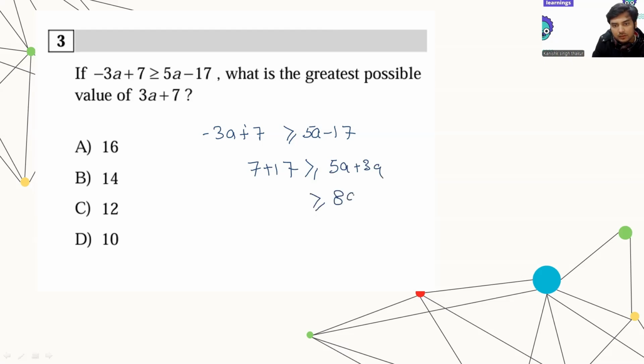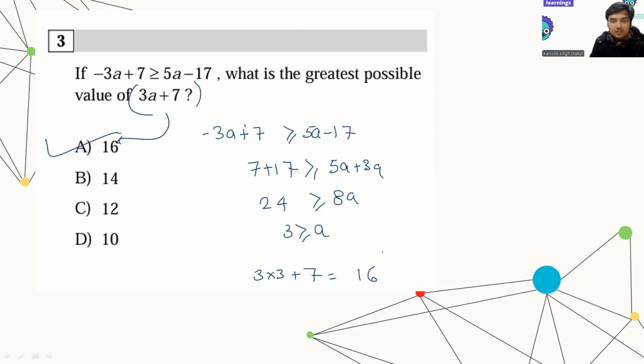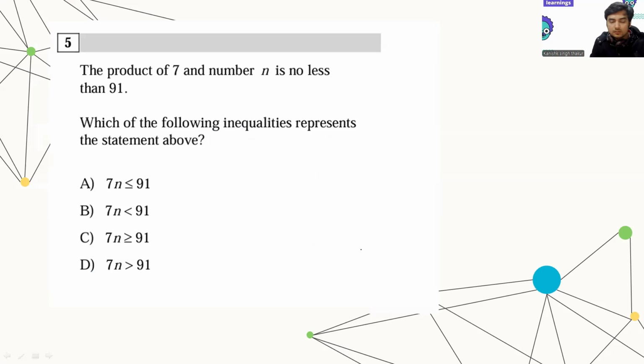So it is 8a, 24. So 3 is greater than or equal to a. A is less than or equal to 3. Greatest possible value of a: the maximum value of a you are getting is 3. So I'll get 3 times 3 plus 7, which is 16. This is the maximum possible value of this thing, not a. A is 3, but 3a plus 7 is 16.